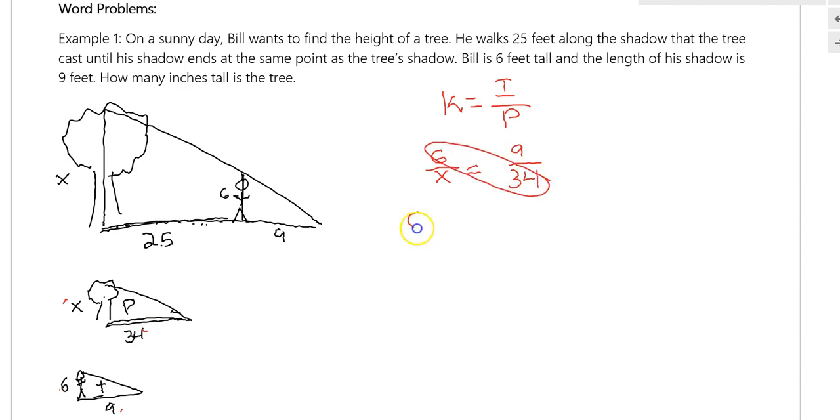Cross multiply, 6 times 34 equals X times 9. Then I have 204 equals 9x. I'm going to divide both sides by 9.